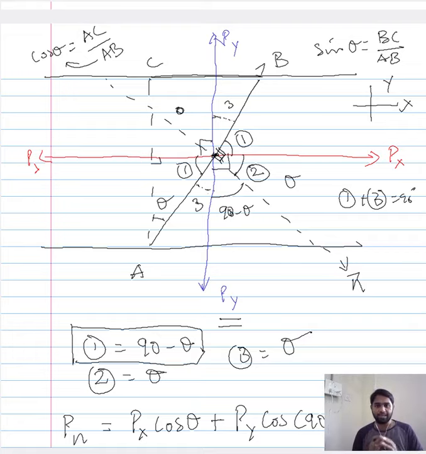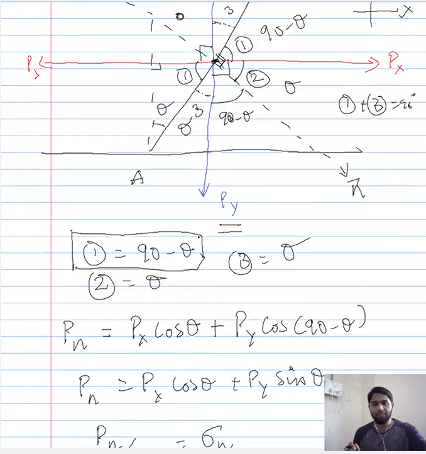So the angle between the x-axis and the region of our interest is 90 minus theta. However, the angle between the y-axis and the region of our interest is just theta. This angular relation will be helpful when we want to quantify the shear stress that is acting along the AB plane.